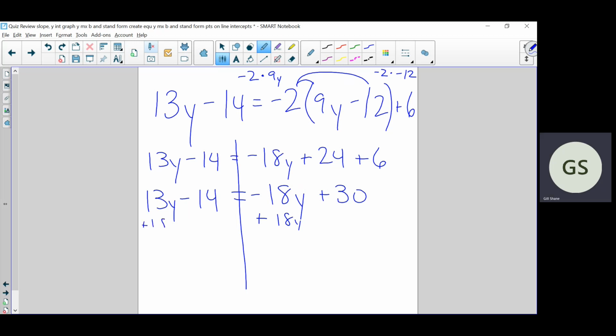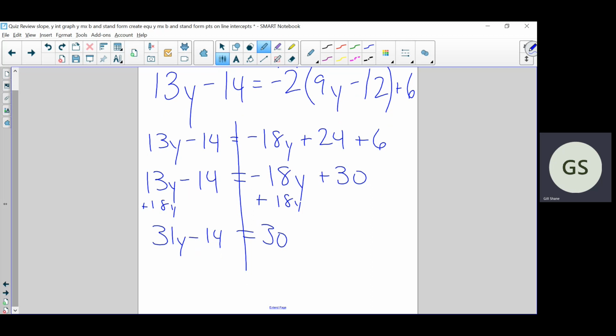If I add 18y there, I got to add it over here. 31y subtract 14 equals 30. Now I'm at a two-step equation. You should know how to do a two-step equation. Start by adding the 14 to both sides. I still have 31y on that side.